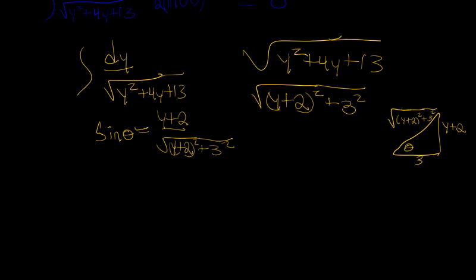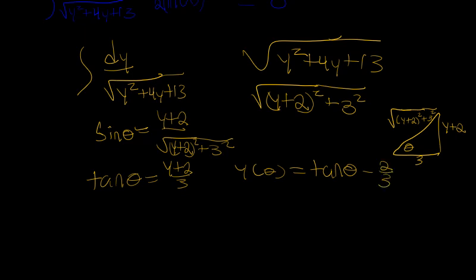For starters, tan theta is y plus 2 over 3. So y in terms of theta is 3 tan theta minus 2. So dy is 3 secant squared theta d theta.